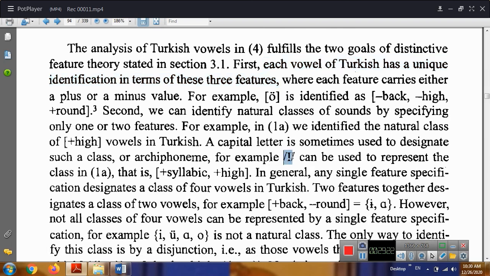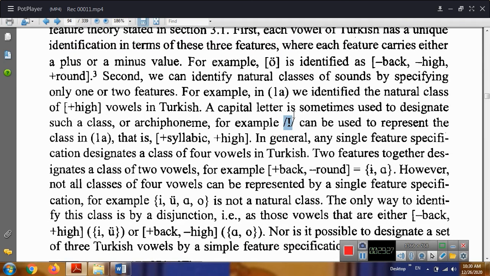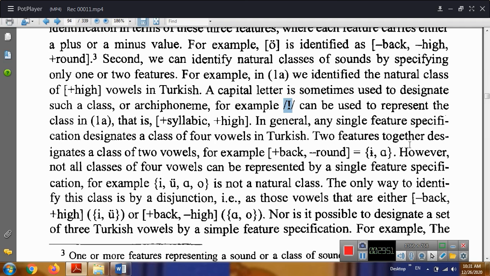Archiphoneme, for example, E. Here, by E we mean the phonological form of E, because we have two slashes on both sides of this sound. It can be used to represent the class in 1A, that is plus syllabic, plus high. In general, any single feature specification designates a class of 4 vowels in Turkish. Two features together designate a class of 2 vowels.